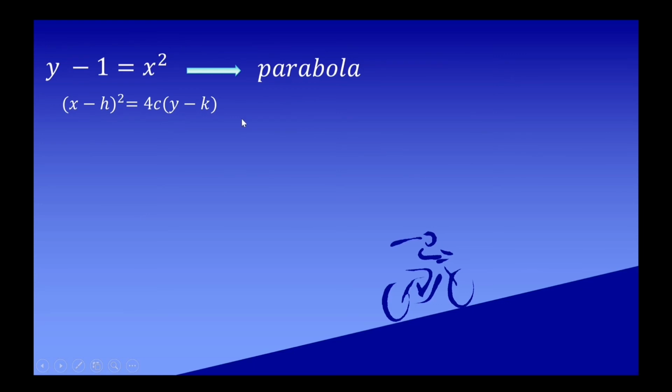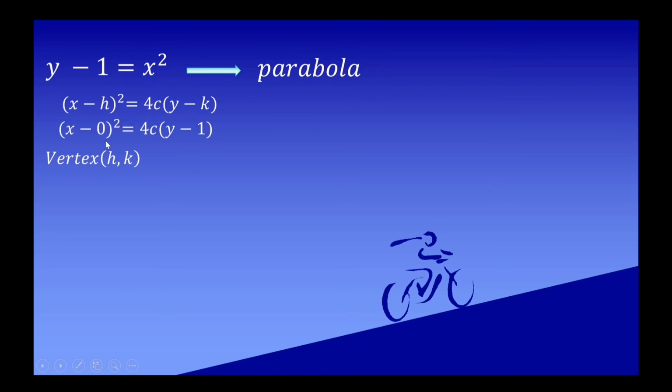So we need to find the vertex of the parabola. Let's determine it using the standard form of the parabola, where the vertex is given by h and k. The standard form is the quantity x minus h squared is equal to 4c times the quantity y minus k.